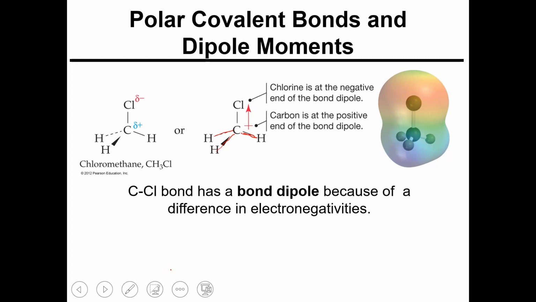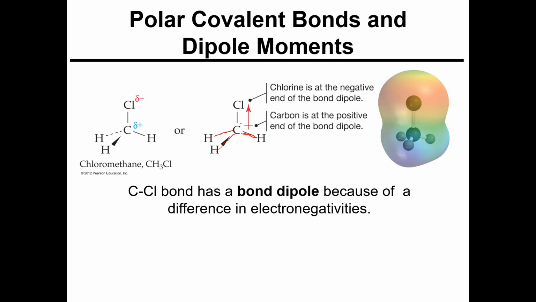However, for the bond between carbon and chlorine, there is an electronegativity difference. And when we have a difference in electronegativities, we get what we call a bond dipole. So a bond dipole is when we have a polar bond where the electrons are being pulled more strongly towards one end of the bond than they are towards the other end.